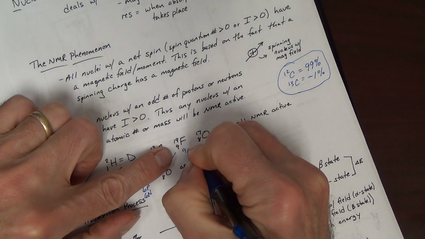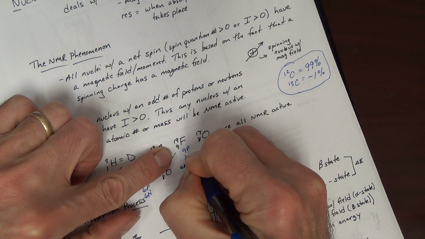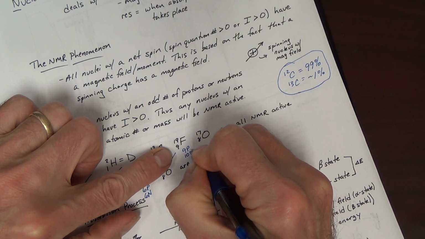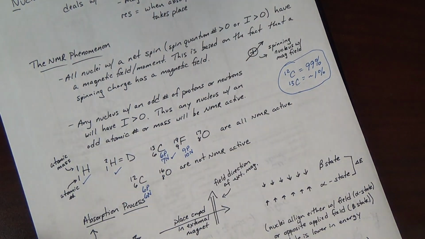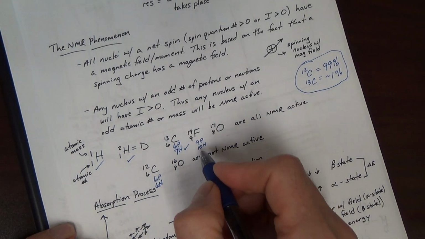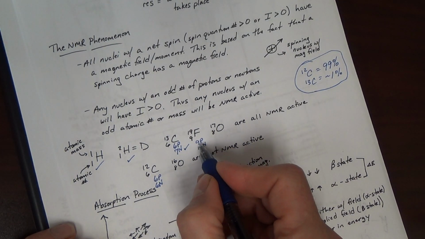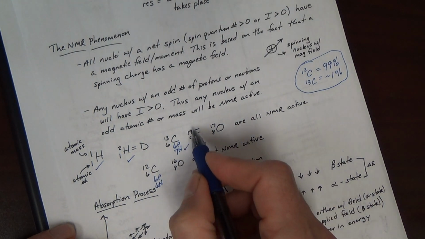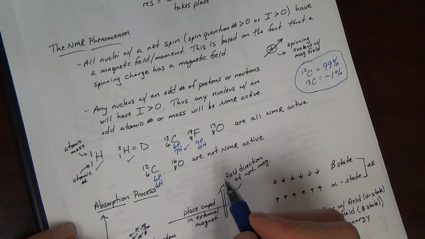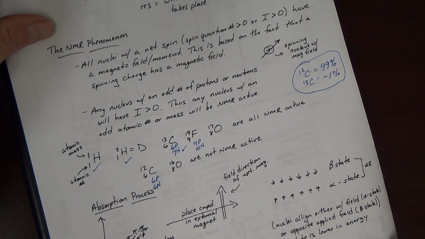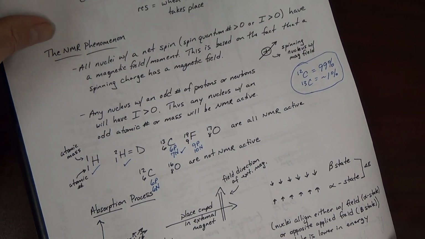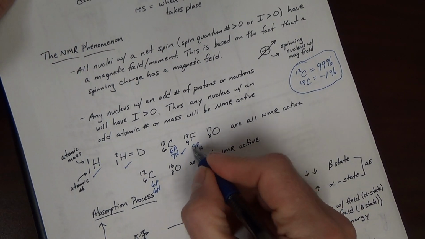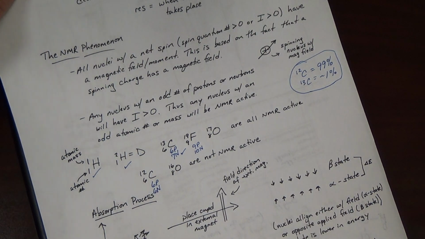That's 9 protons and 10 neutrons. NMR active because the number of protons is odd. You can do NMR on any isotope of fluorine, because any isotope of fluorine is going to have an odd number of protons.